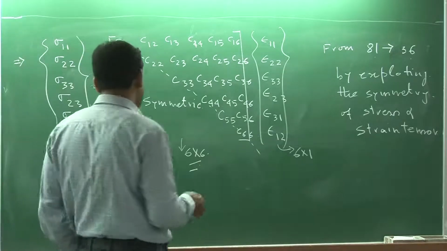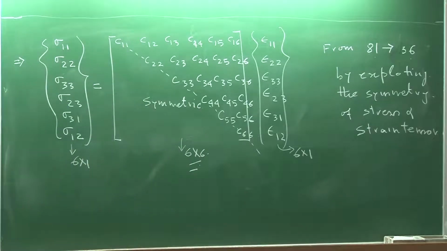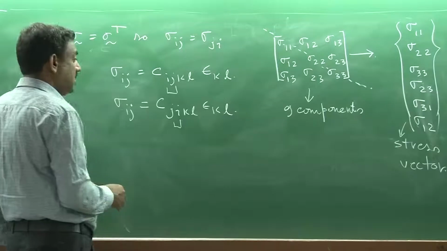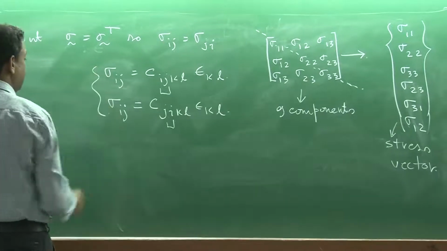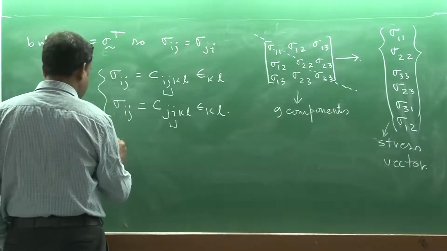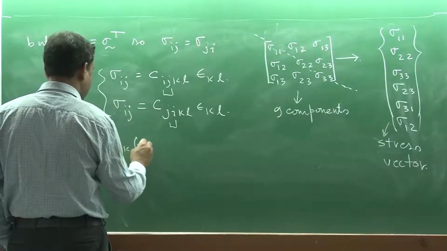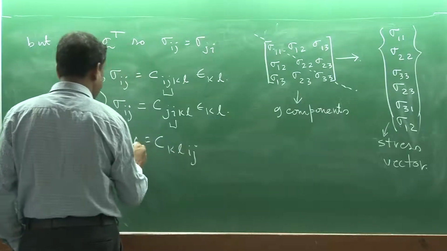Once again, we can also see that C_ijkl must be equal to C_klij, and how is it coming?